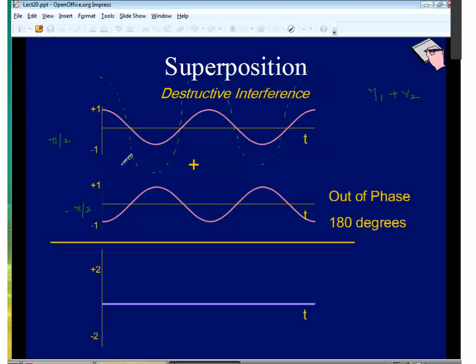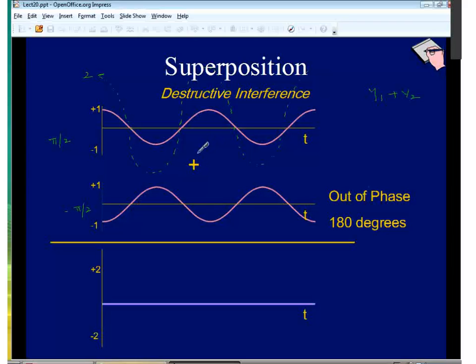Yes, opposition is maximum, but cancellation is not 100%. Because now it is 2 minus 1. This is, let's say, 2. So opposition is maximum. It is destructive interference.